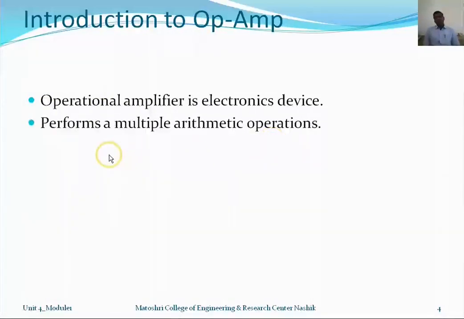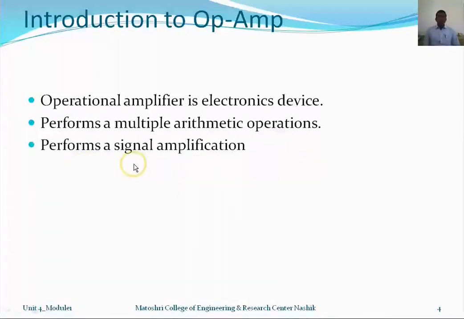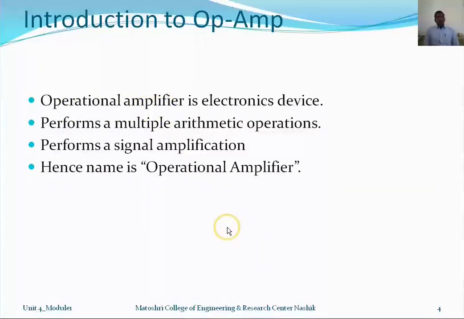It performs multiple arithmetic operations such as addition, subtraction, division, multiplication, integration, differentiation, etc. Also, it performs signal amplification, so that's why its name is operational amplifier, and we abbreviate it as op-amp. OP stands for operational and AMP stands for amplification.